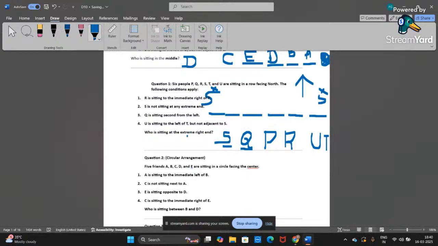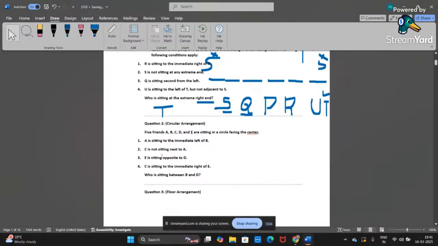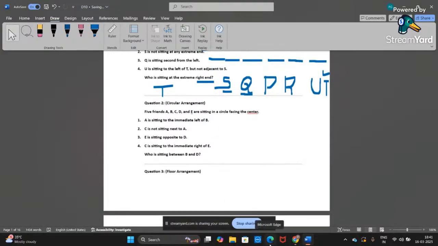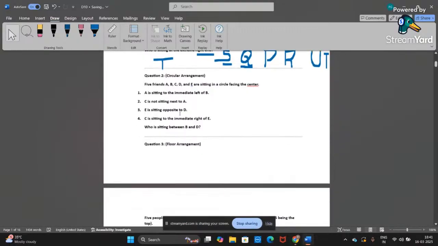U is sitting at the extreme end. So U is sitting here, and T is at the extreme right end. So in this, T is the right answer. Try to solve this question.